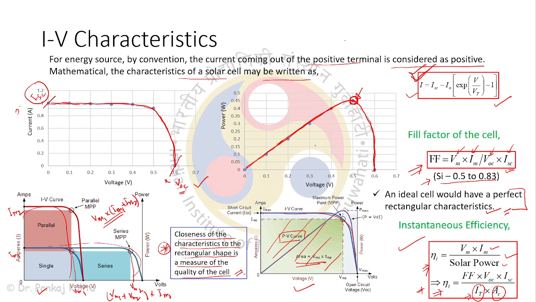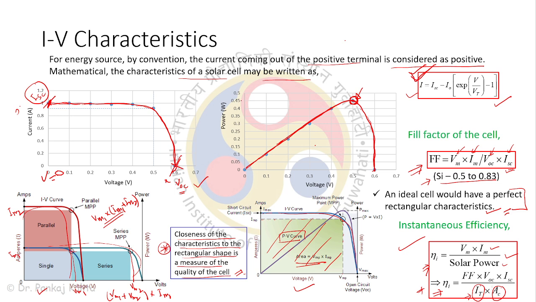And this is your IV curve. So if your V is equal to 0, this is your ISC value corresponding to V equal to 0, your short circuit current is here, and corresponding to I equal to 0, your VOC is here, right?